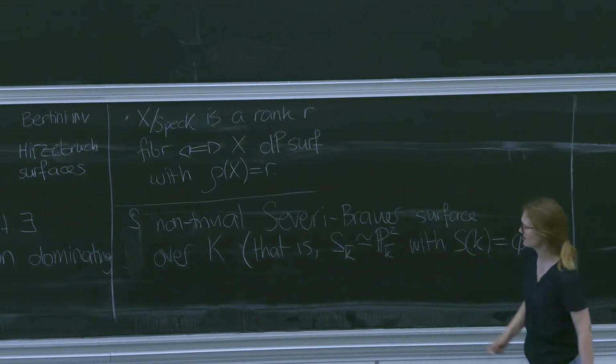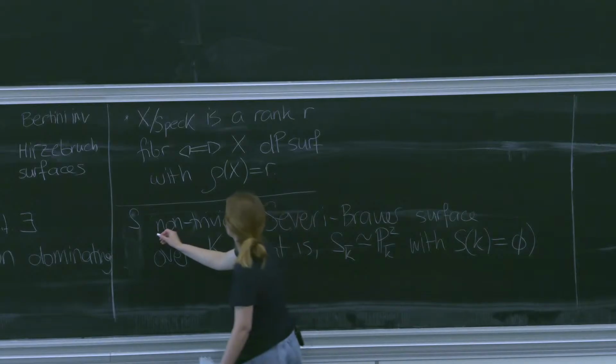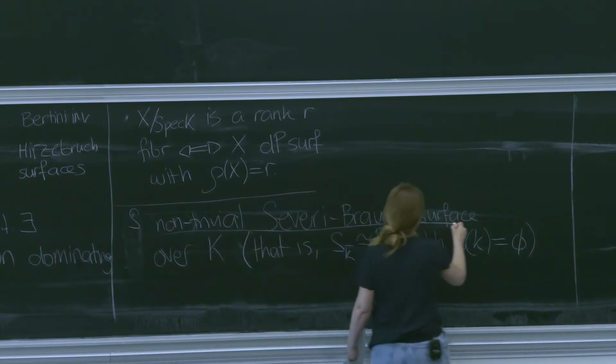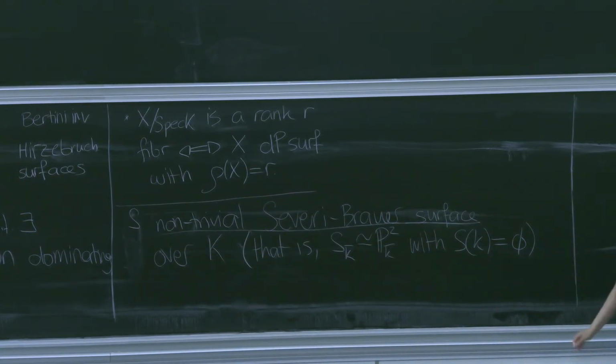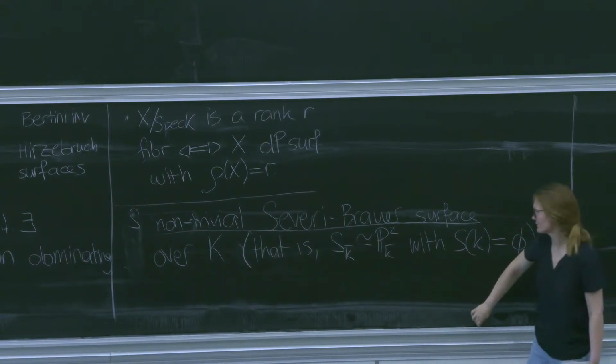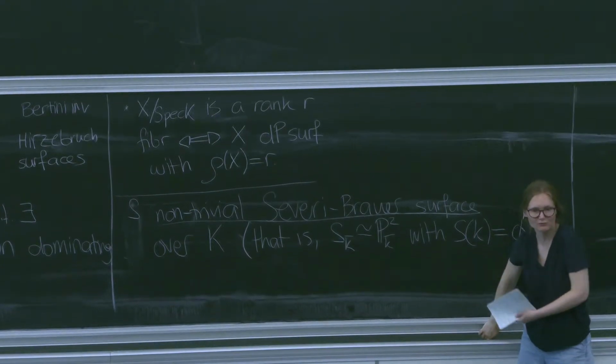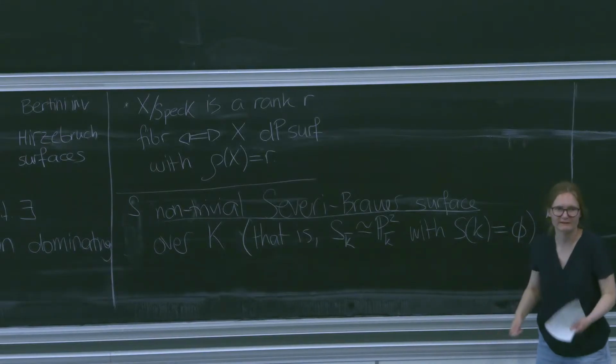Okay, so this is what it means to be a non-trivial Severi-Brauer surface. So we have such surfaces which are geometrically P2, but over the field they are not P2.